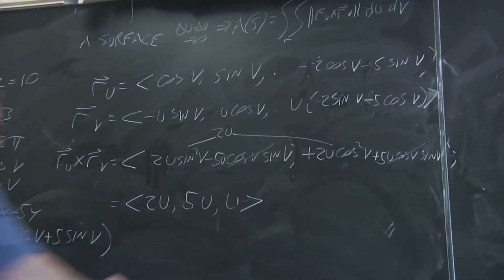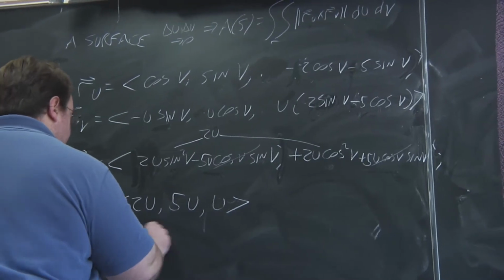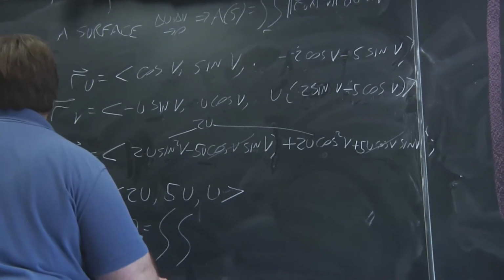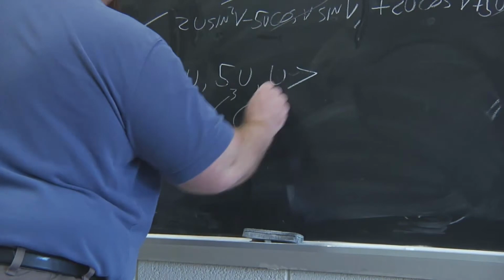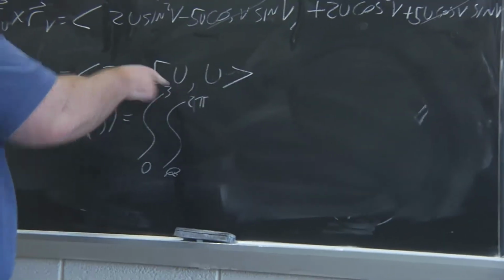So now the area is the integral from 0 to 3 in u, and 0 to 2 pi in v, of the magnitude of this thing.